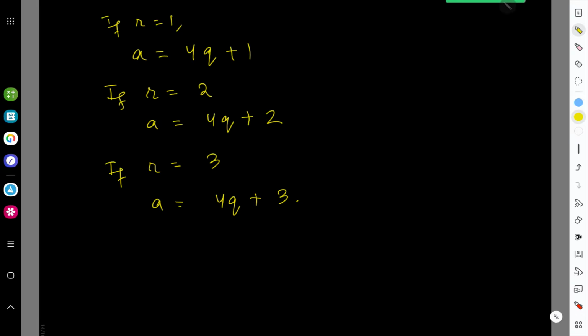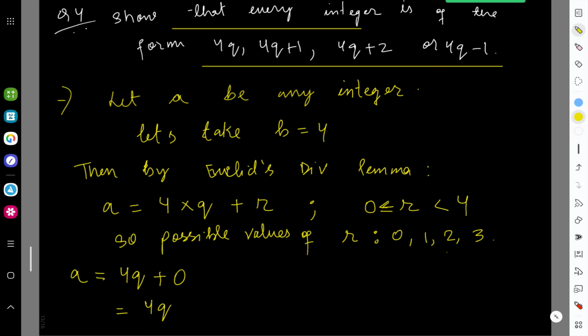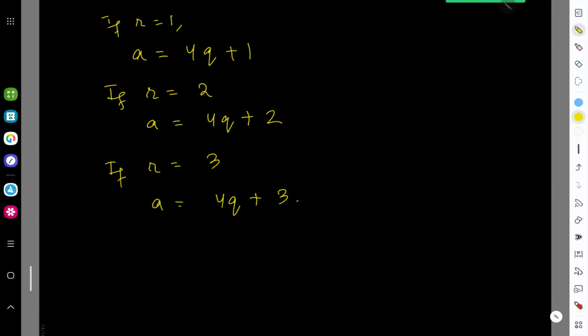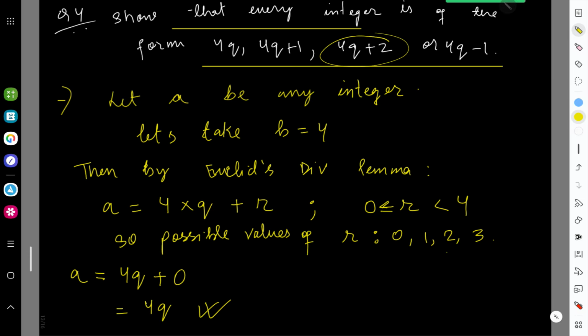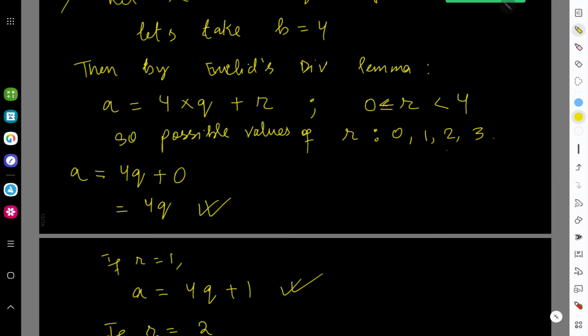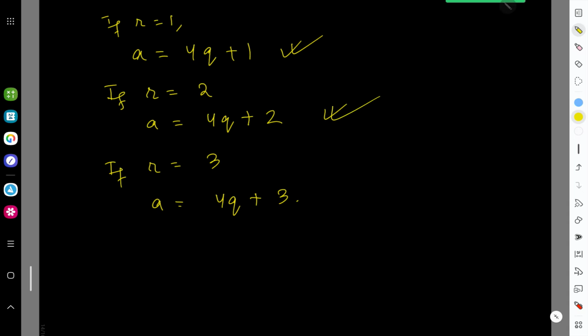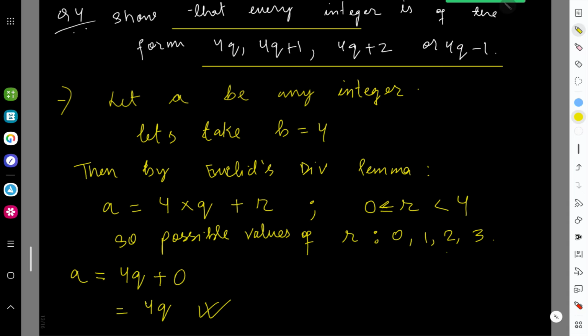So we will stop the substitution process here. Now let's read the question once again. We have expressed in the form of 4q. Next is 4q plus 1, we have done that. 4q plus 2, we have done that as well.